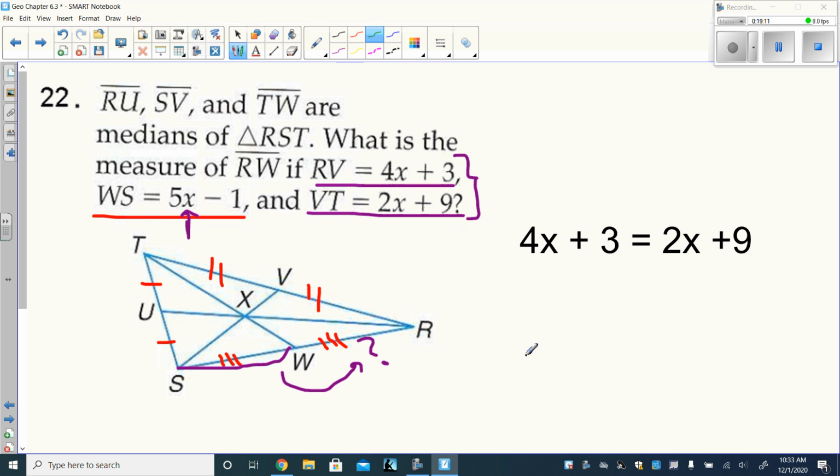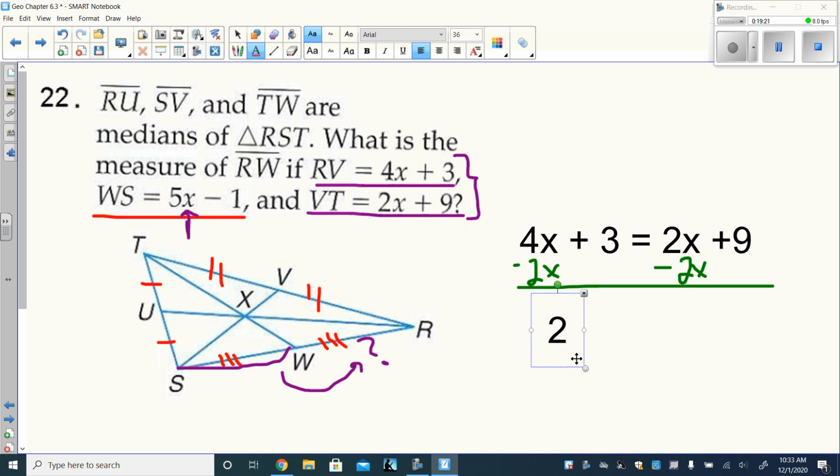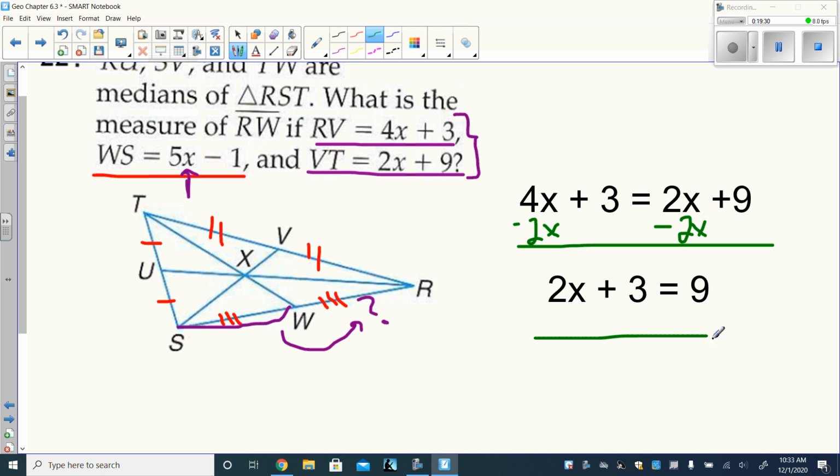So the first thing we need to do is get x on the same side. So I'm going to subtract 2x from both sides. And when I subtract 2x from both sides, I'm left with 2x plus 3 is equal to 9. And again, we're still solving for x, so I'm going to subtract 3 to get x by itself.